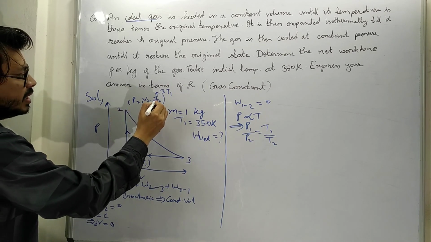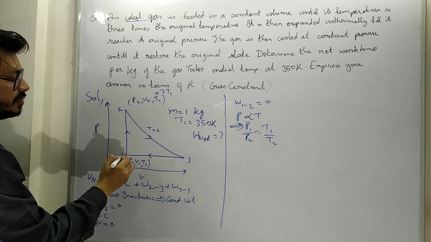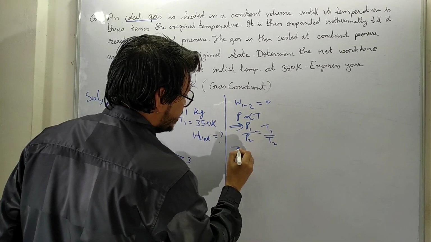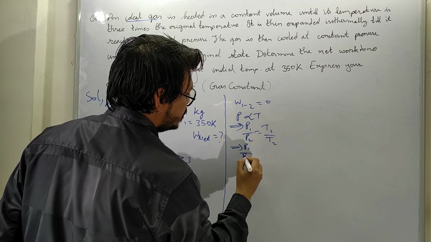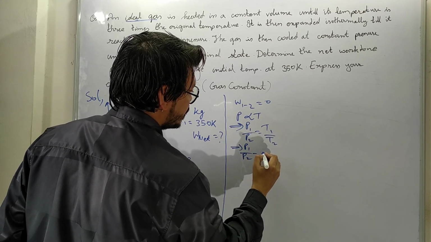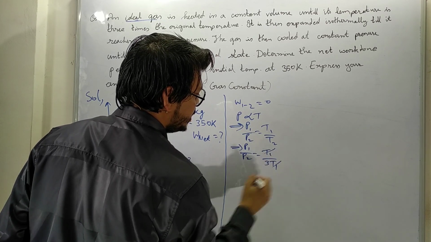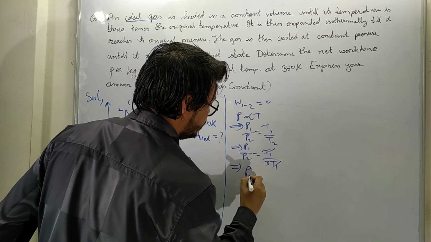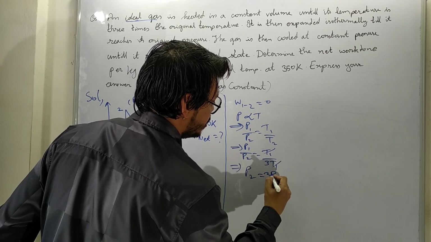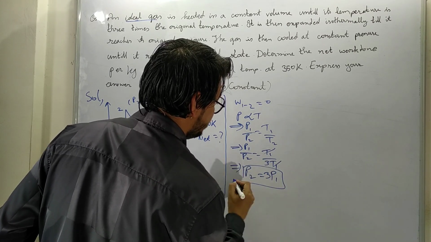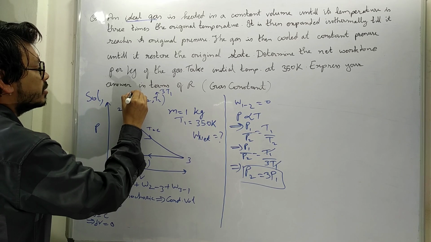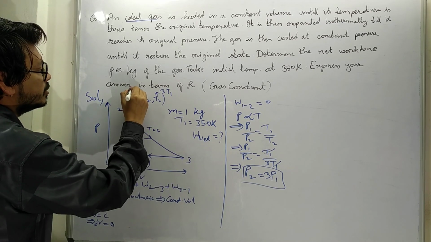So P1 by P2 is equal to T1 by 3 T1. T1 cancels out. So P2 is equal to 3 P1.